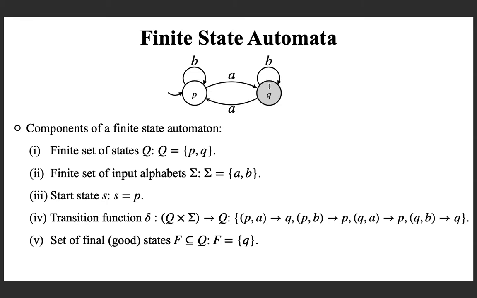So basically a finite state automaton is a quintuple: finite set of states, finite set of input symbols or alphabets, one of the states known as the start state, transition function, exactly one transition for every symbol from a state, and a set of final states. That is it.